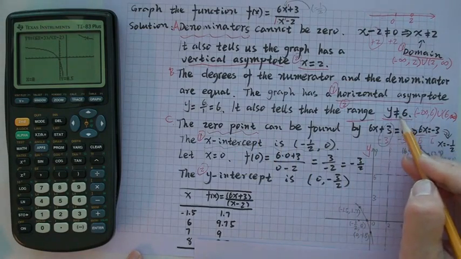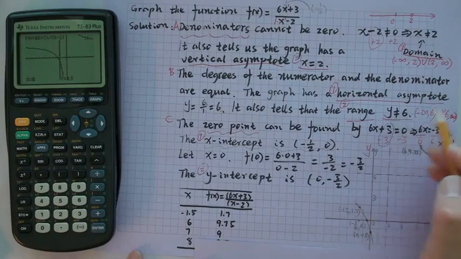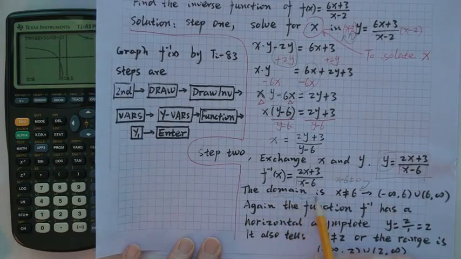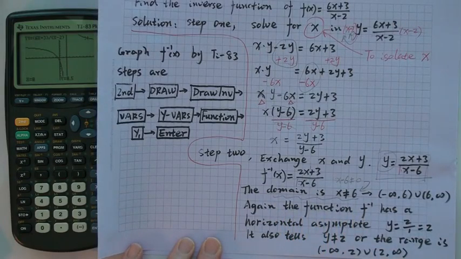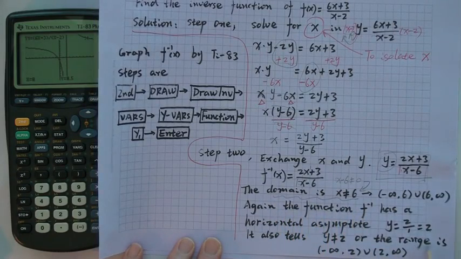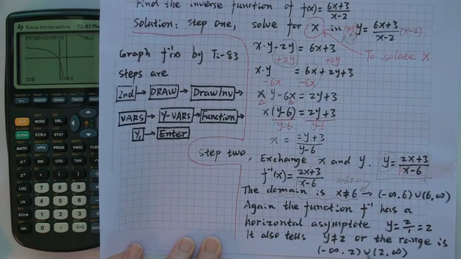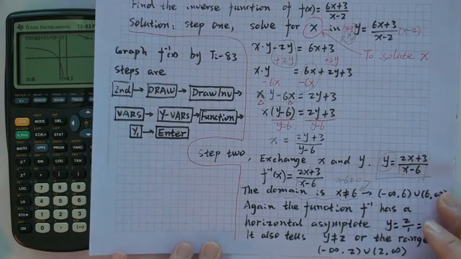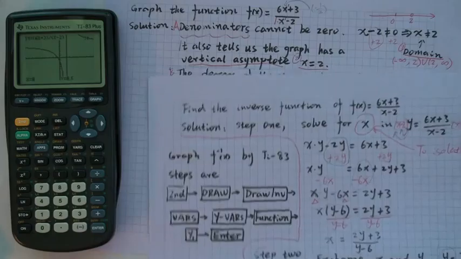So for the inverse, the domain cannot be 6, and the range cannot be 2. That's the range. So it should be totally opposite.